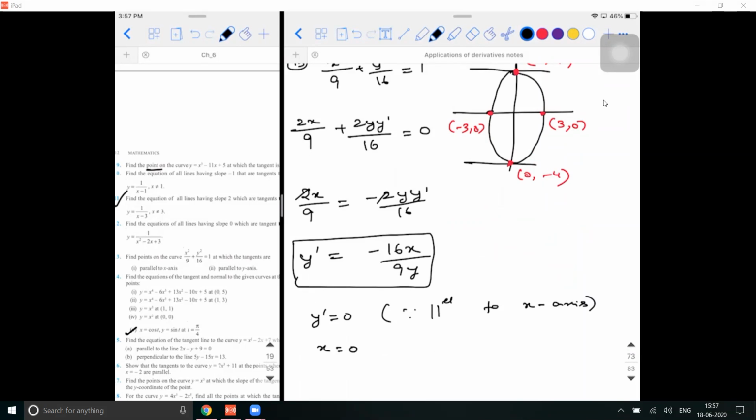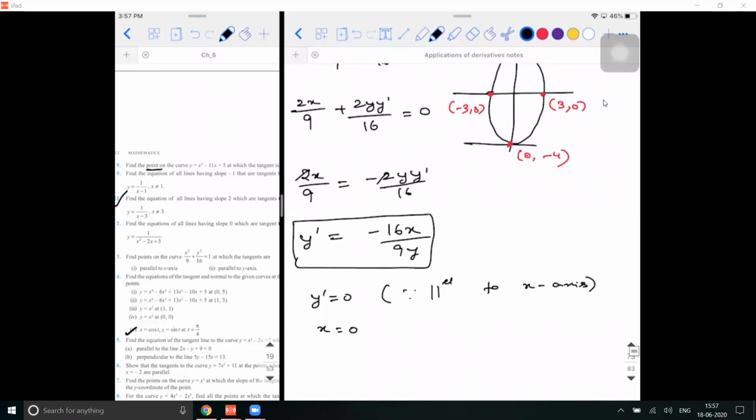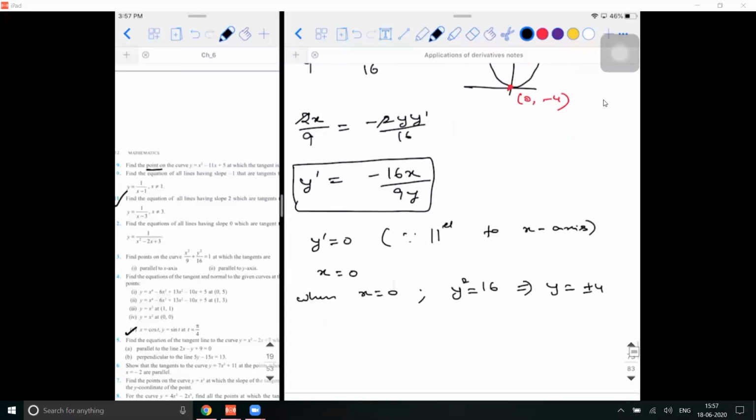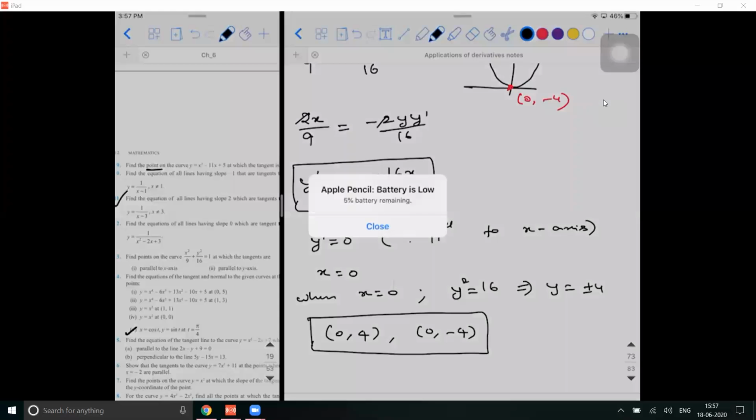When I substitute x is equal to 0 in the curve, y square will be 16, which implies y will be equal to plus or minus 4. So the coordinates possible are 0,4 and 0,minus 4.